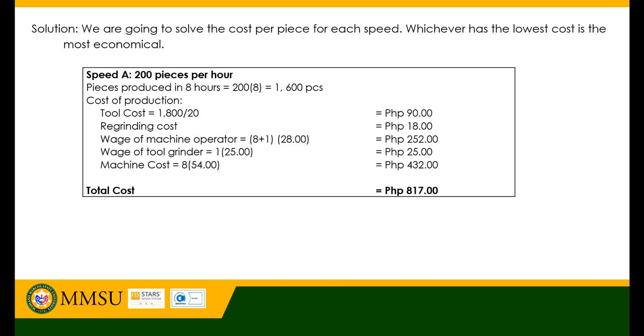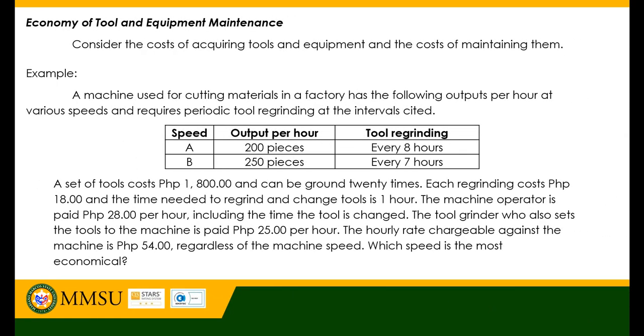So, saan galing yung mga values na yan? Okay. So, intindihan natin mabuti. A set of tool costs 1,800 pesos and can be ground 20 times. Kaya, nag-divide tayo kanina ng 20.